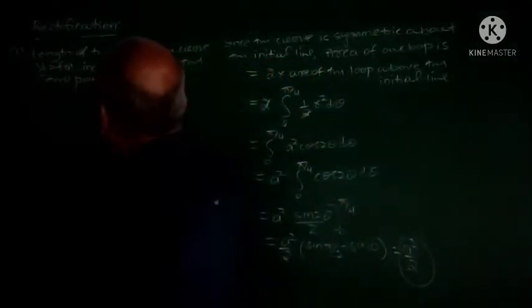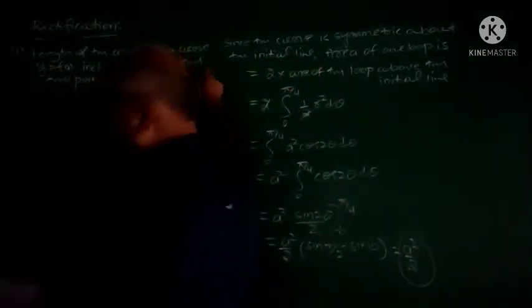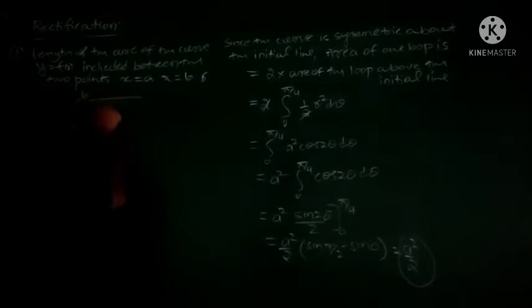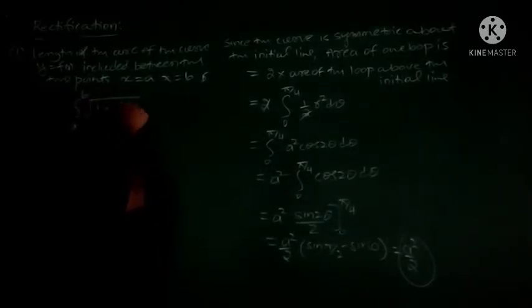What is this? Length of the arc of the curve y is equal to f(x) included between 2 points x equal to a, x equal to b is integral a to b square root of 1 plus (dy/dx) whole squared with respect to x. This should be committed to memory. Formula.